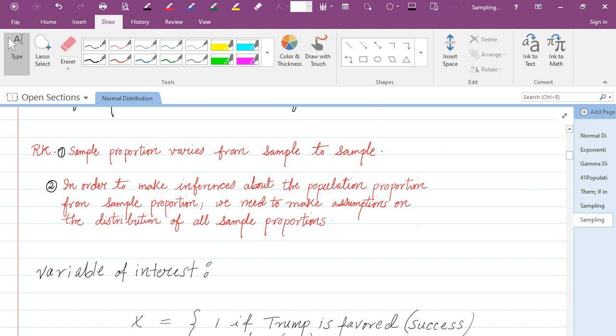So sample proportion will vary from sample to sample, and in order to make inferences about the population proportion from sample proportion, we need to make assumptions on the distribution of the sample proportion.